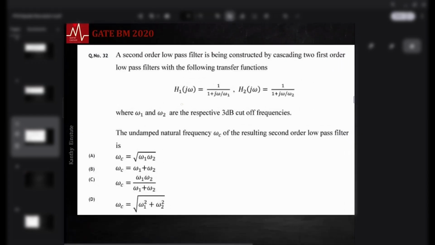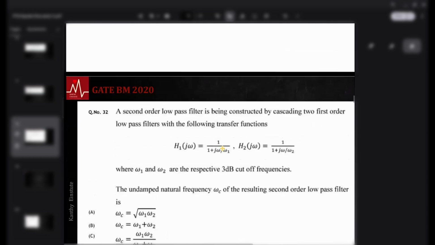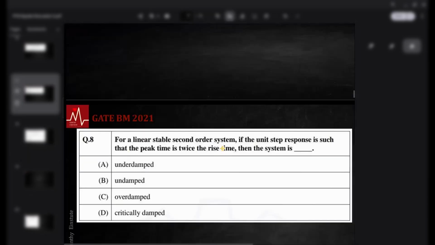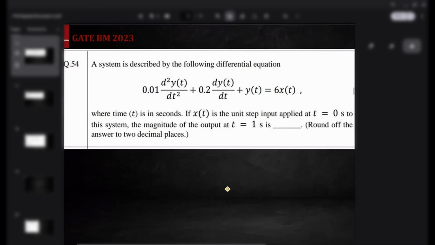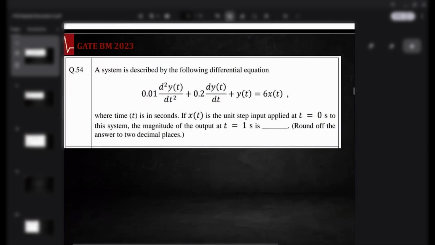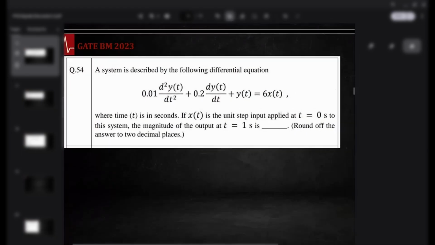If a question like this shows up, you should be able to solve it. This is doable. It will take you about 10 minutes. If it's a 2-mark question, the later half of the exam is actually well worth it. This is doable. Okay.